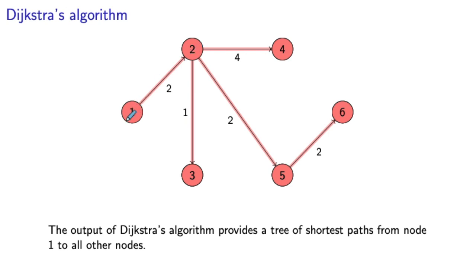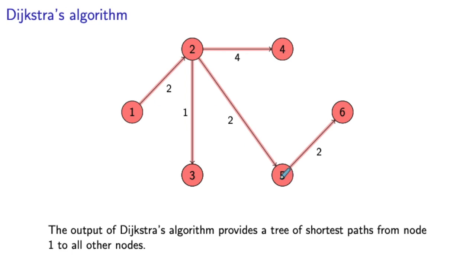For example, if I take node 5, let's say, and I want to determine the optimal path from node 1 to node 5, what I do, I go from 5 to the predecessor, which is 2, so I kind of trace back the way we reached node 5 from node 1, and then the predecessor for node 2 would be node 1, so the shortest path between 1 and 5 would be through the node 2, so you would have 1, 2, 5, and to determine the length of this optimal path we need to sum up the length of arcs along this path, which is 2 plus 2 gives you 4.